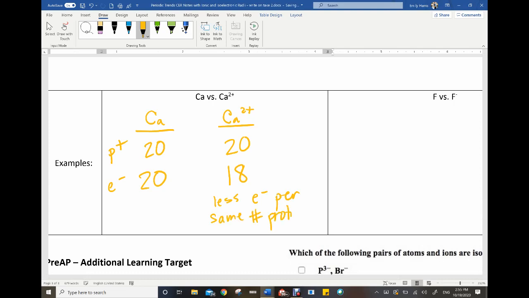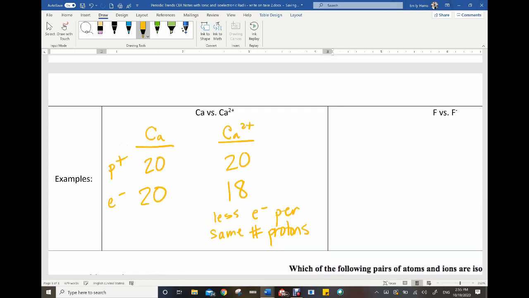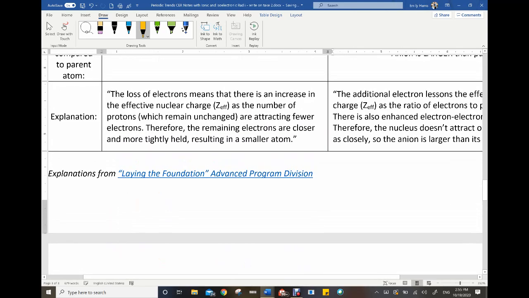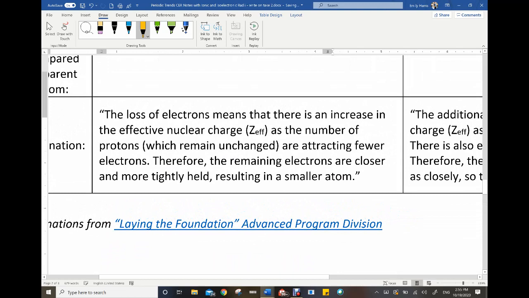I've got it written out here above for the explanation. The loss of electrons means that there's an increase in the effective nuclear charge because the number of protons, which remains unchanged, are attracting fewer electrons. They have fewer electrons to hold together.